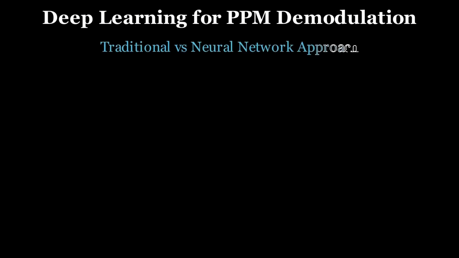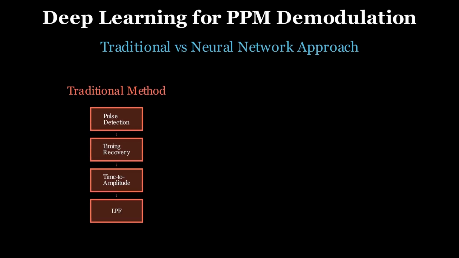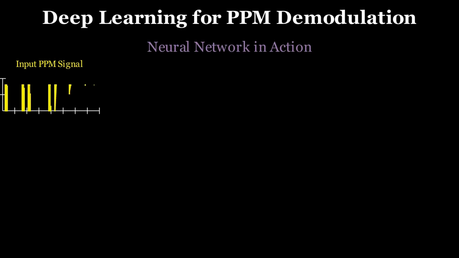Now let's look at the most recent advancement in PPM demodulation, the application of deep learning algorithms. Traditionally, demodulation relies on several stages that require precise synchronization and they are highly sensitive to jitter and can fail. The deep learning method, the neural network, learns the entire mapping directly from raw PPM pulses and maps them to analog values.